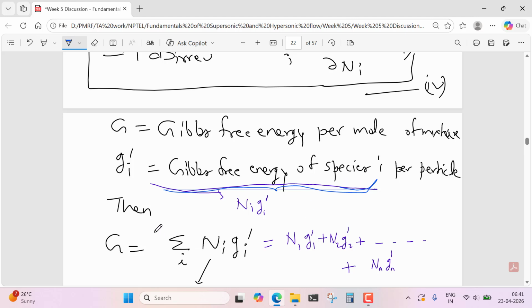So what will be equal to the total Gibbs energy? It is equal to sigma i Ni Gi dash, which is N1 G1 dash plus N2 G2 dash and so on to Nn Gn dash.